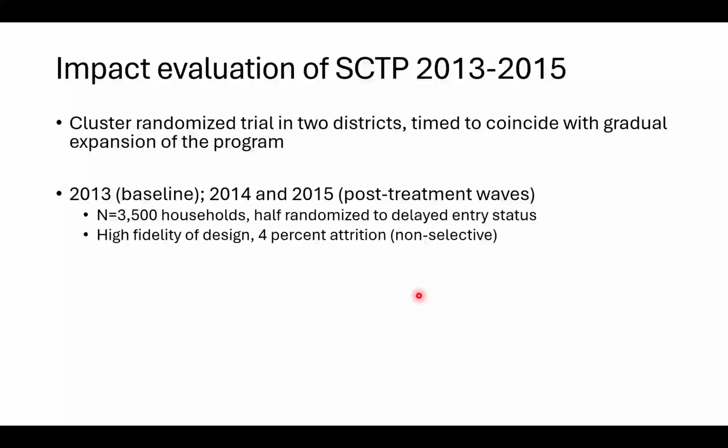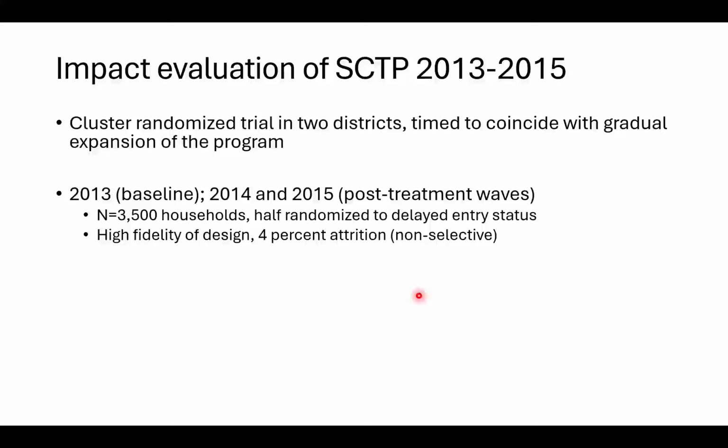Impact evaluation. So our story, if you will, starts way back, more than 10 years ago. That's incredible. But way back in 2013, the program was expanding. And at that time, they commissioned a study. And we won the bid for the study. So we designed this cluster randomized trial in 2 districts.